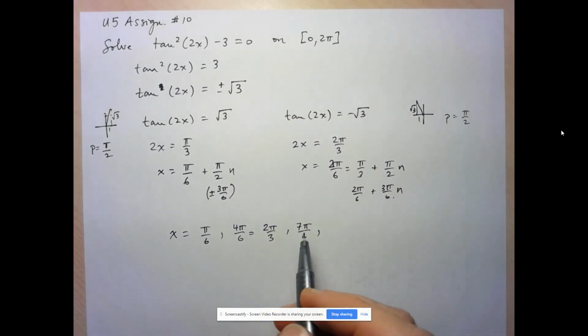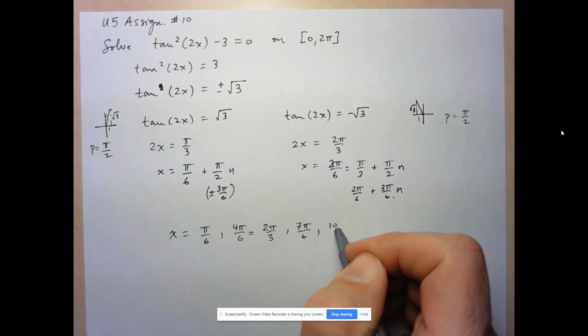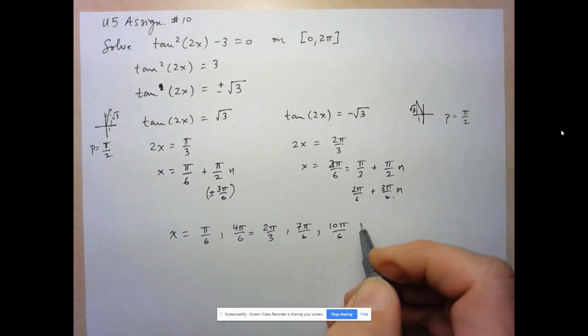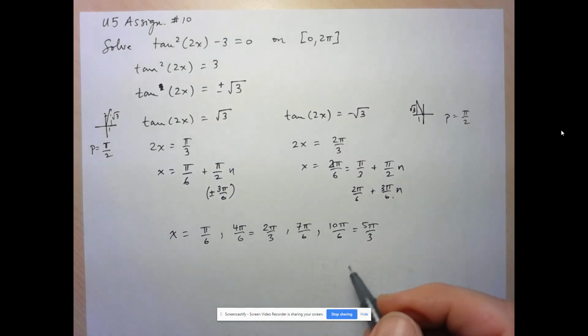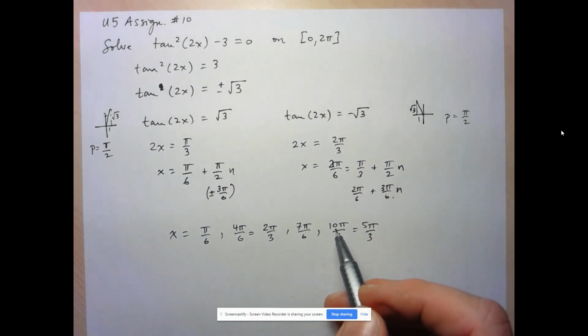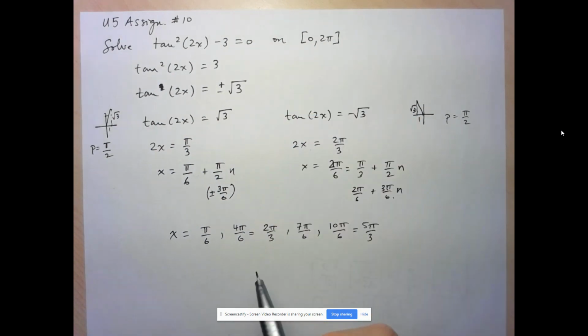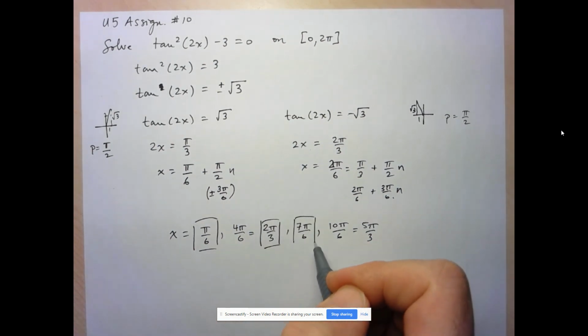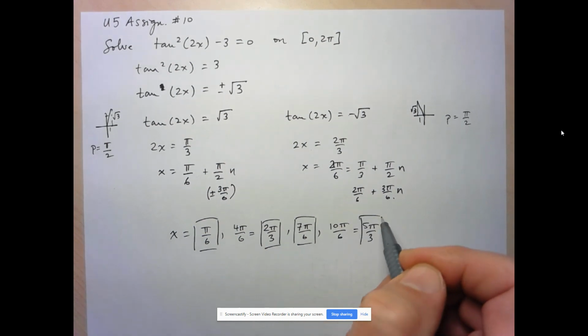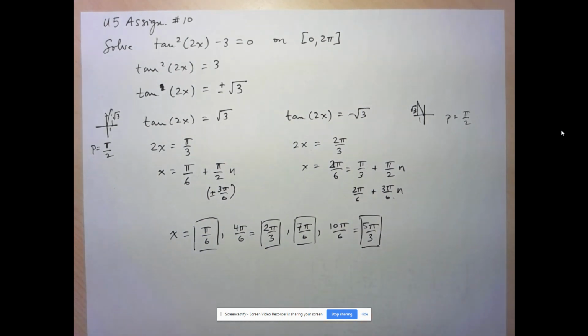Then 7 plus another 3 is 10 pi over 6, which can be reduced to 5 pi over 3. But if I add another 3, 13 pi over 6, that's too big because it's bigger than 2 pi. So my answers here are pi over 6, 2 pi over 3, 7 pi over 6, and 5 pi over 3.